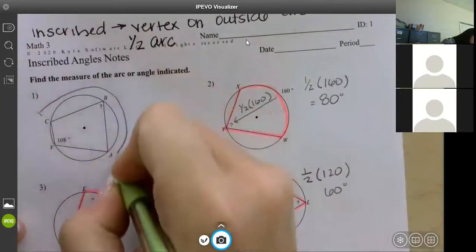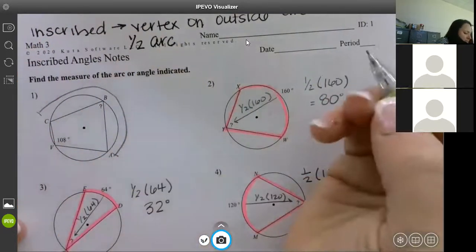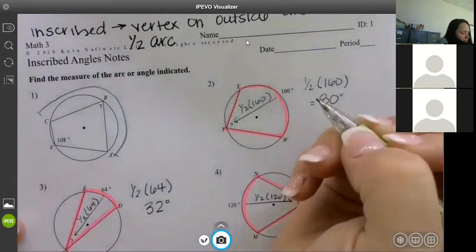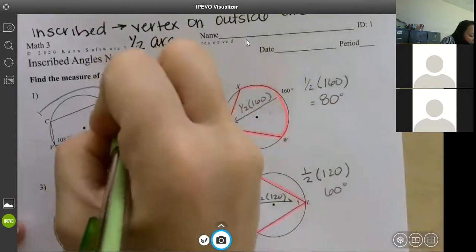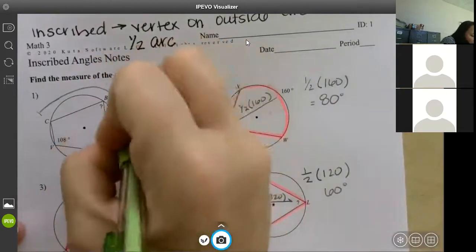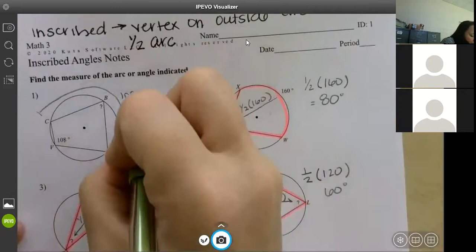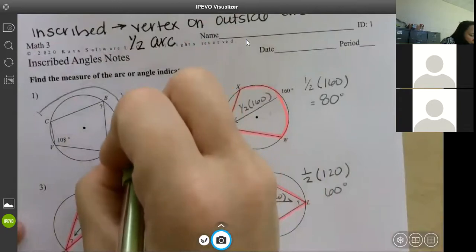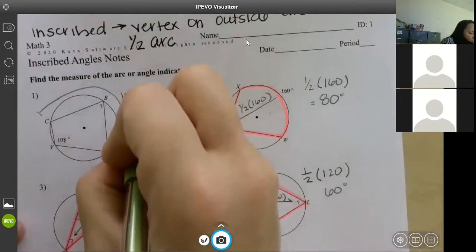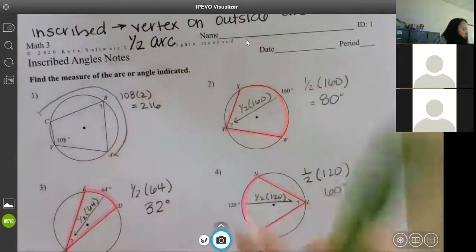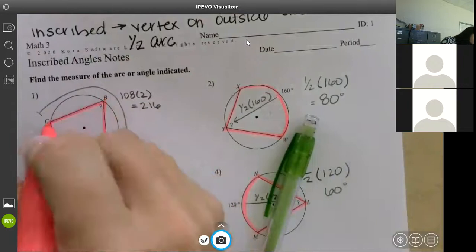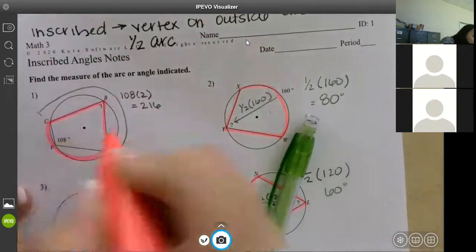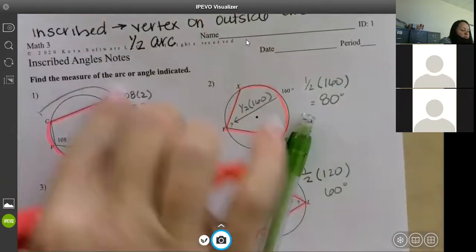And how can I find that big arc? Divide by 2. 108 times 2, which is? Don't make it too complicated. 108 times 2, 216. All right, but what I want is this arc. So how do I get this arc now that I know all of this one?